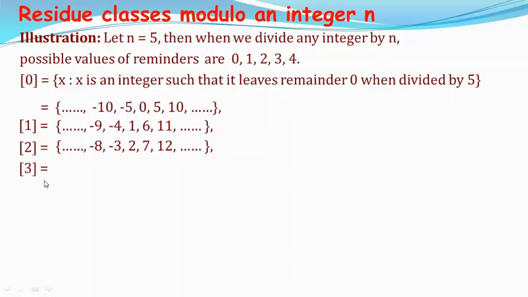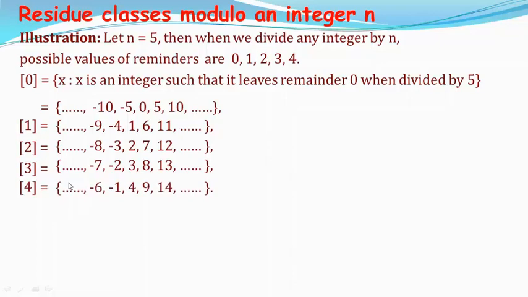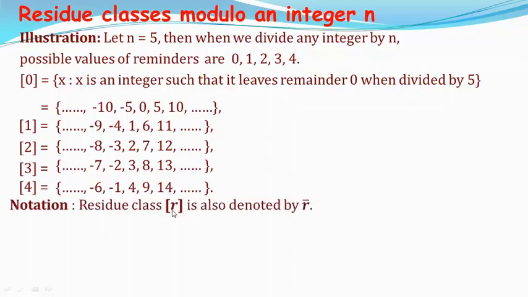Also the residue class of 3 is the set containing integers minus 7, minus 2, 3, 8, 13 and so on. And lastly the residue class of 4 is the set containing integers minus 6, minus 1, 4, 9, 14 and so on. The residue class of R is also denoted by this notation, that is R bar.